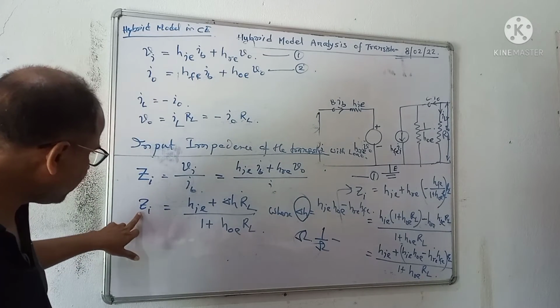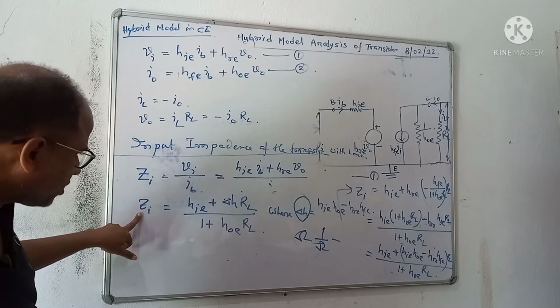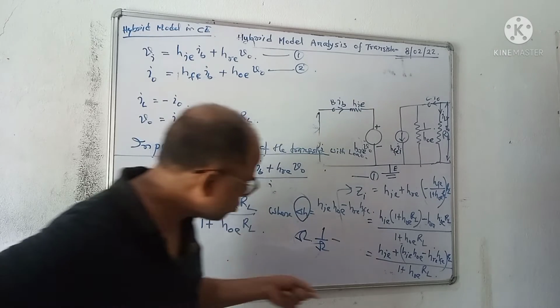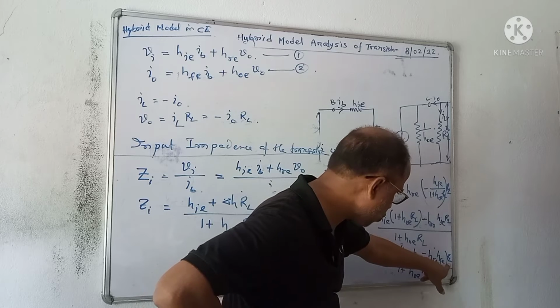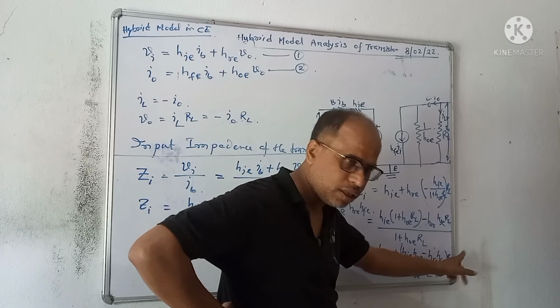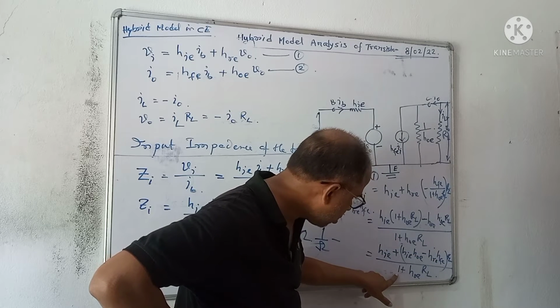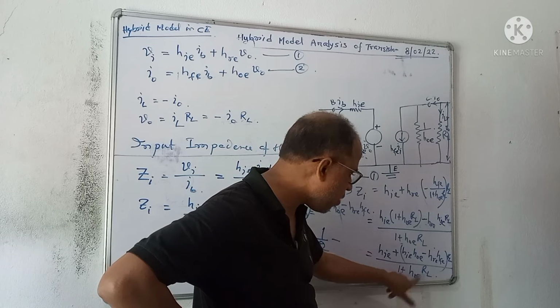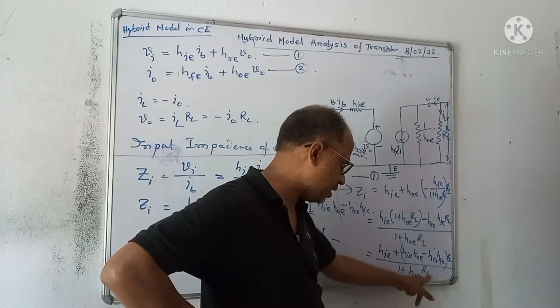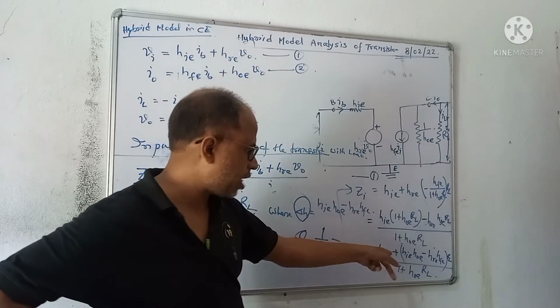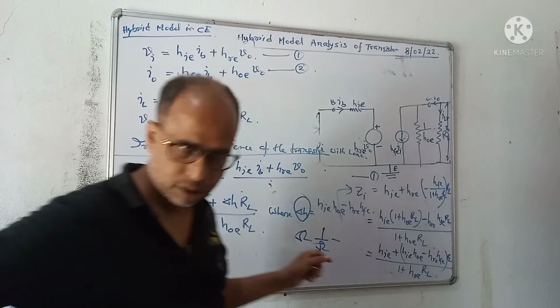Impedance means ohm. Therefore the numerator is ohm, and in the denominator, 1 plus HOE into RL is dimensionless. Therefore, this expression is a resistance.